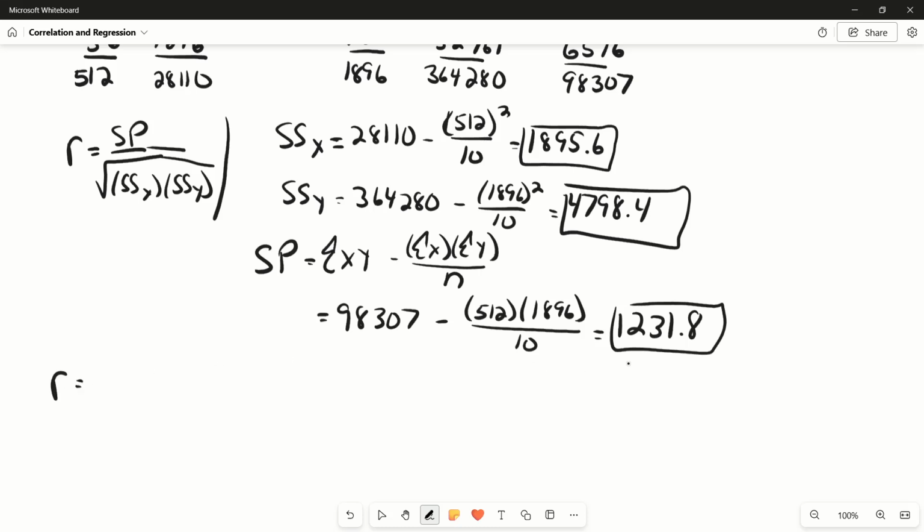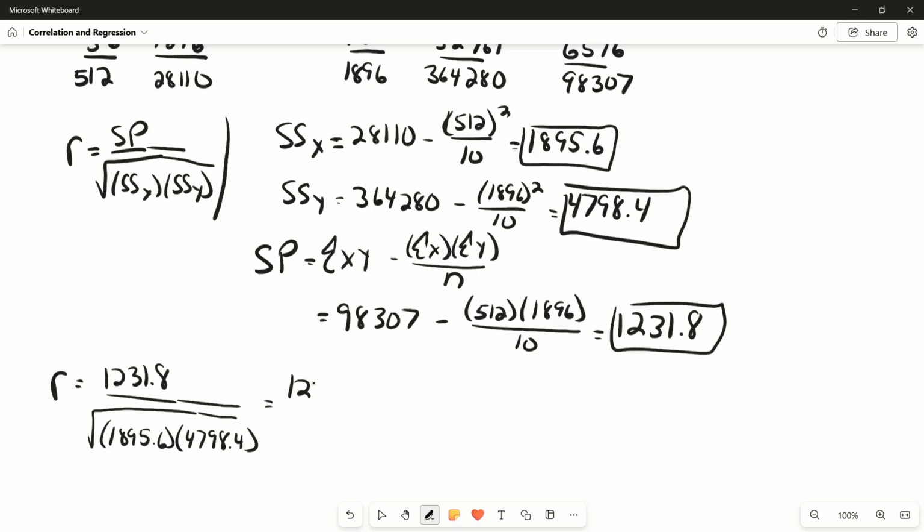So R is this on top, 1231.8. On the bottom, we have the square root of sum of squares x times sum of squares y. So 1895.6 times 4798.4.